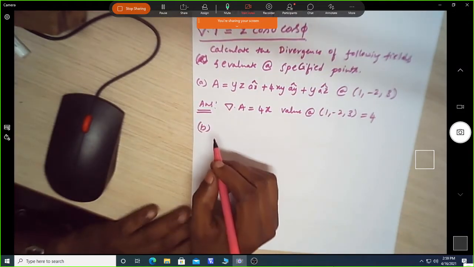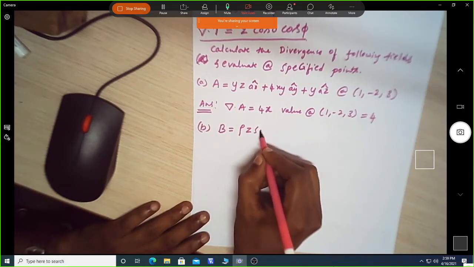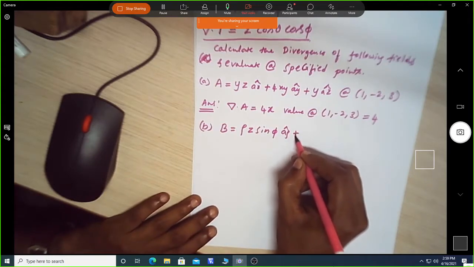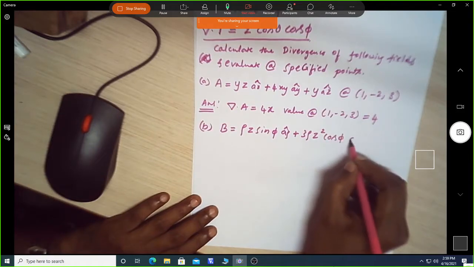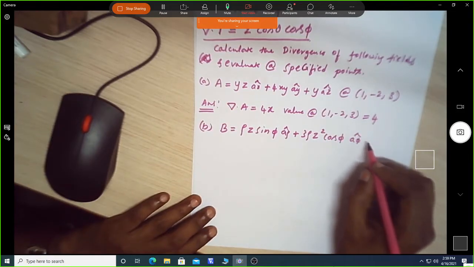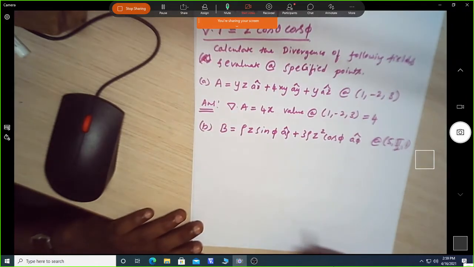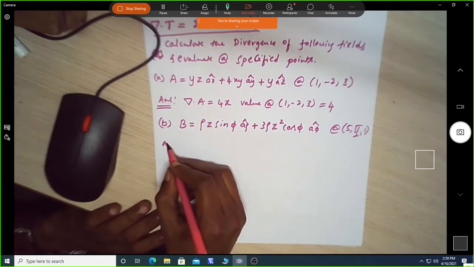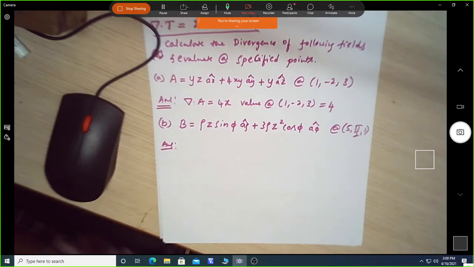And similarly the vector B is given as rho z sin phi in the a rho direction plus 3 rho z square cos phi in the a phi direction. You have to evaluate this at 5 comma pi by 2 comma 1. You can try to do it and check the answers.